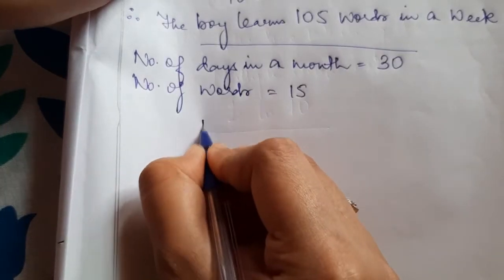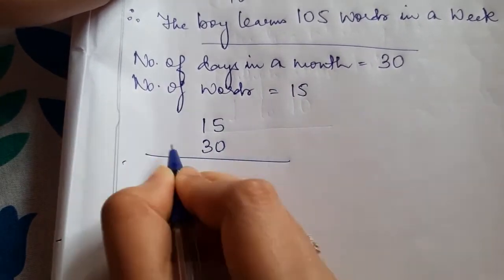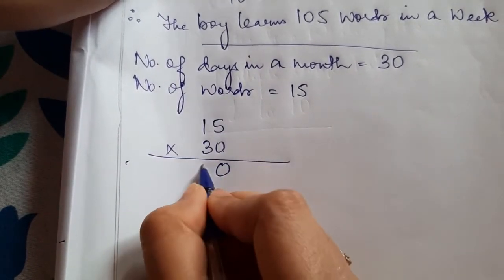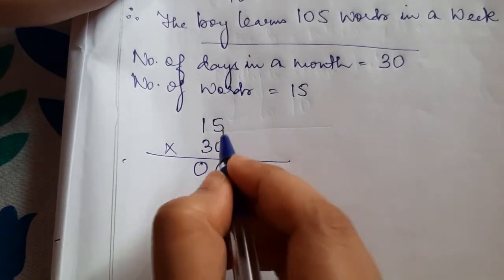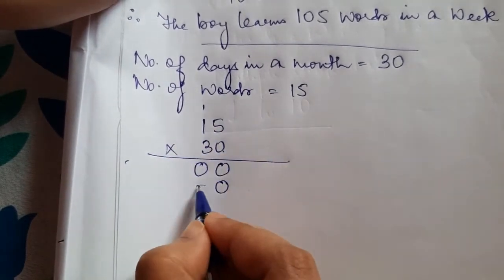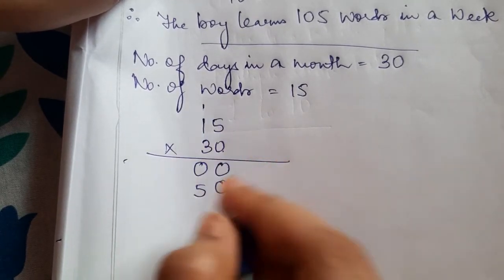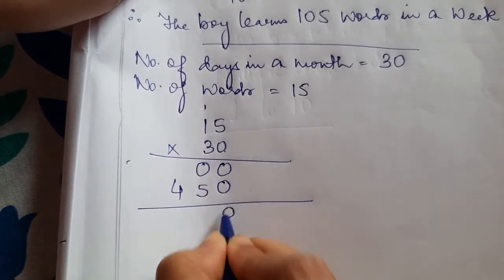Now we have to multiply 15 and 30. 0 5s are 0, 0 1s are 0, right? Now we'll put another 0 here. 5 3s are 15 and 3 1s are 3 plus 1 how much? 4. We have to do addition here.